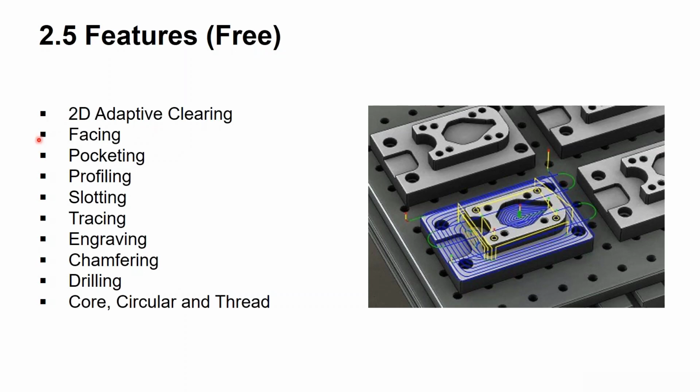We also have facing, pocketing, profiling, slotting, tracing, engraving, chamfering, that's very important, and drilling, circular and thread milling. But we will look a little bit more into this during the demonstration of the software.